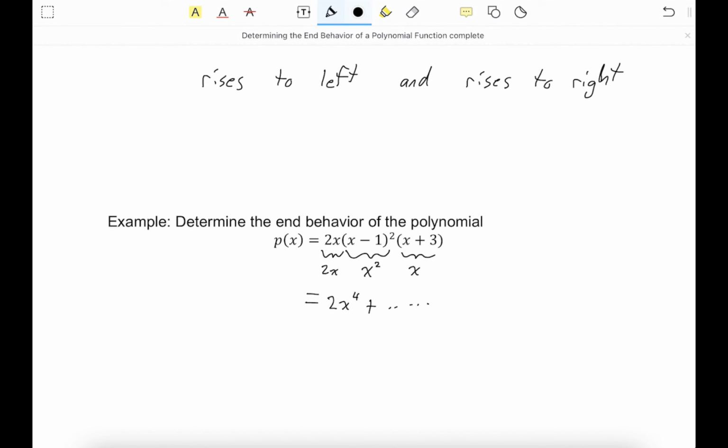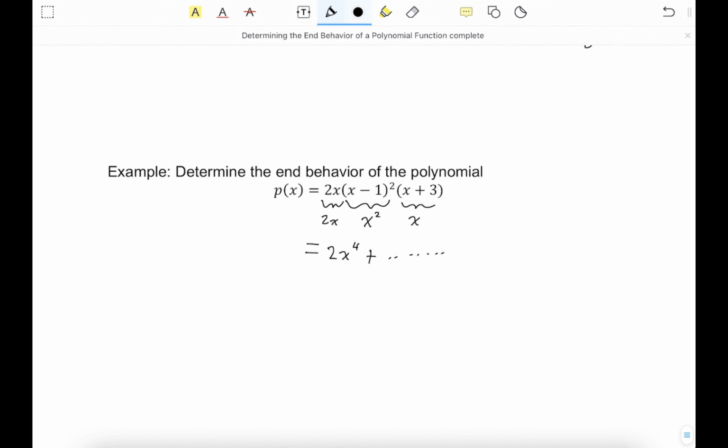There will be a bunch of other terms, but they're not important for determining end behavior. It will behave just like that. So it's a positive leading coefficient, and it's even powered. So just like the other one, it rises to the left and rises to the right.